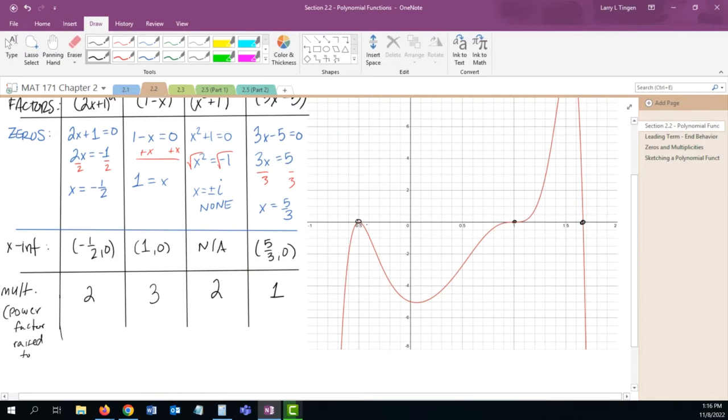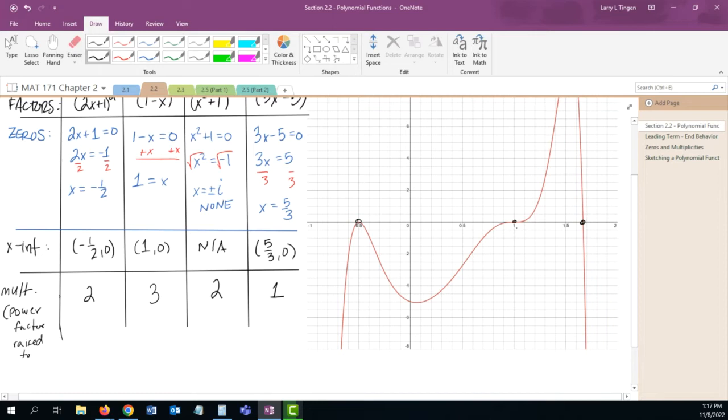So take a look over here. My first zero is at (-1/2, 0). Its multiplicity is 2, and the graph comes up, it touches, and then it goes back down. The next zero I run into is (1, 0). And when I get there, I actually cross, going from below to above.